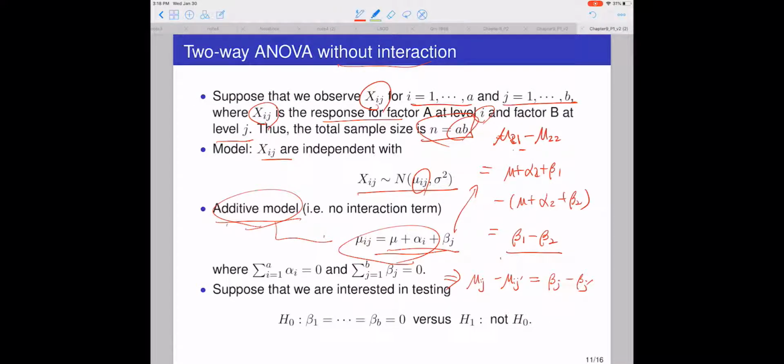Sometimes we call this mu the mean effect.